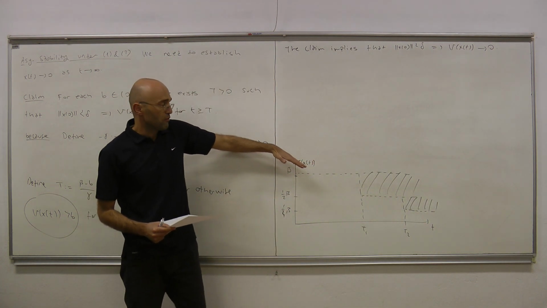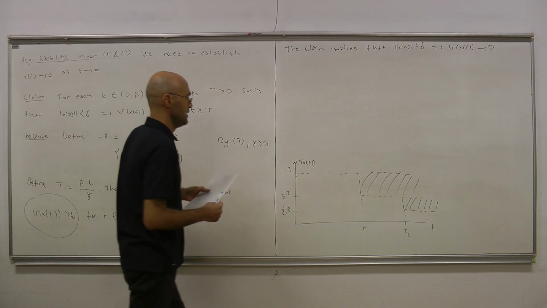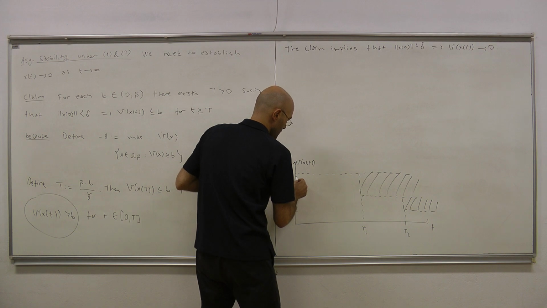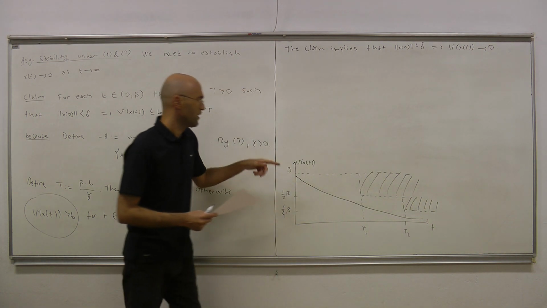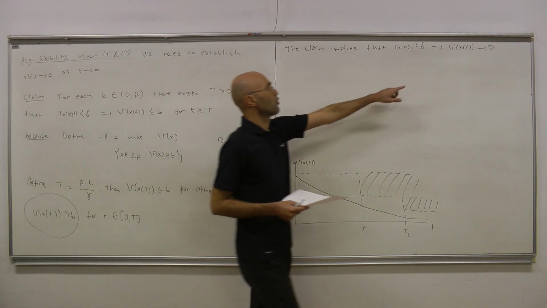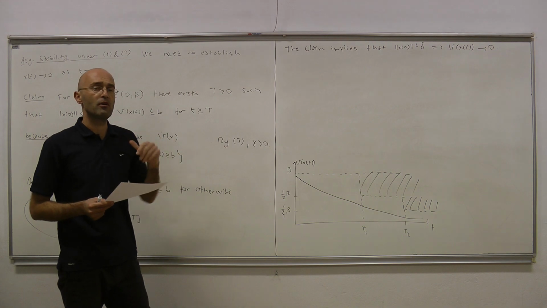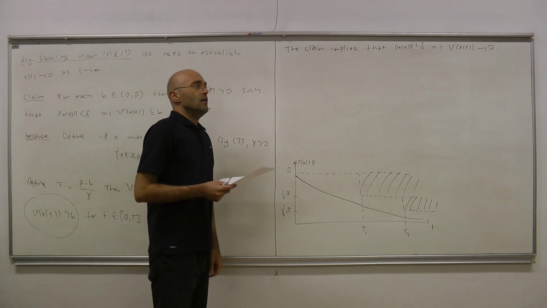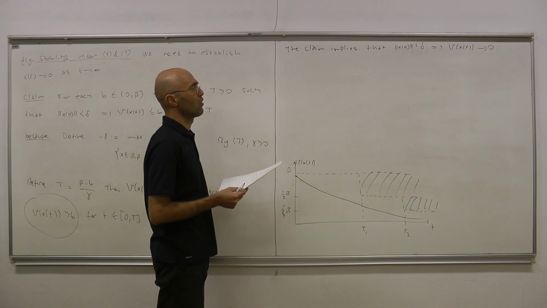So v of x of t will always be pushed further and further toward 0. Therefore, something like this must happen. And eventually, v of x of t should converge to 0. And that convergence of the Lyapunov function to 0 implies that the norm of the state converges to 0.